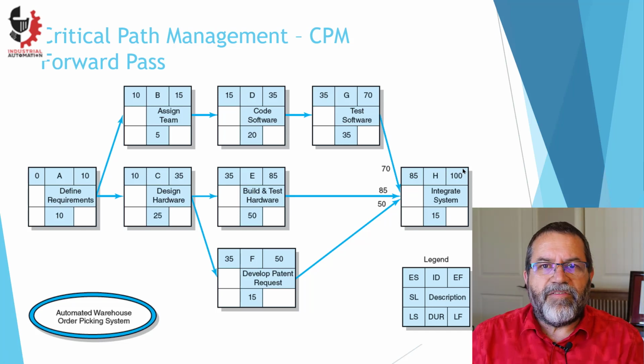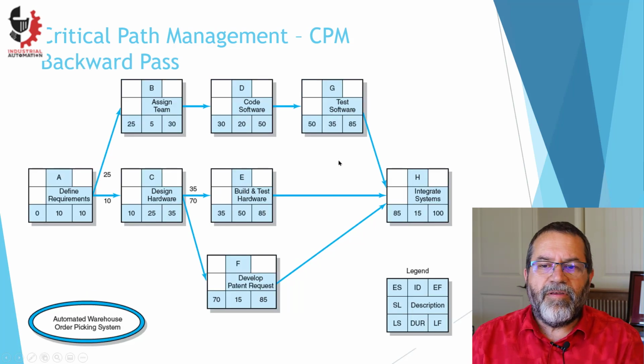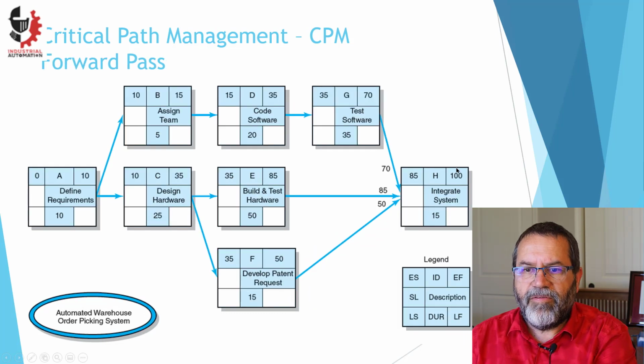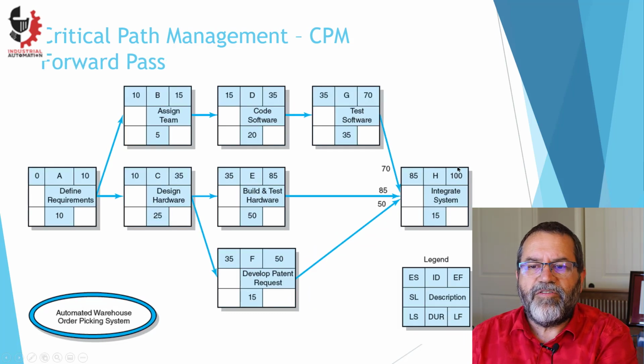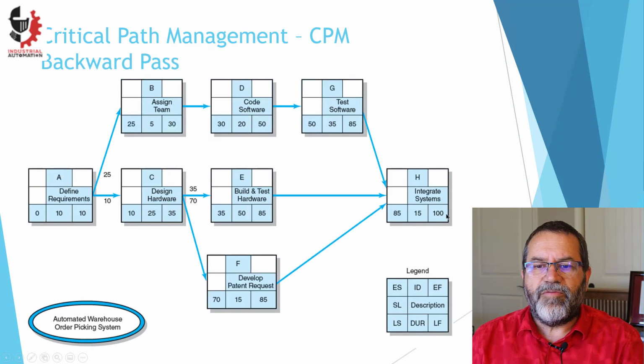That's the forward pass. Now we have to do a backward pass. And what we're going to do here is, notice we have earliest finish of day 100, so we get latest finish also of day 100. Now we work backwards. Take off the 15-day duration.